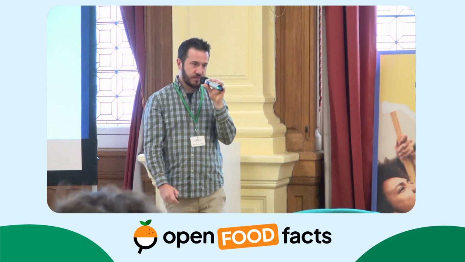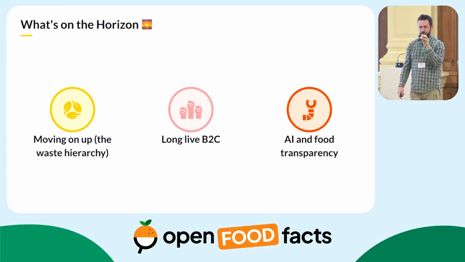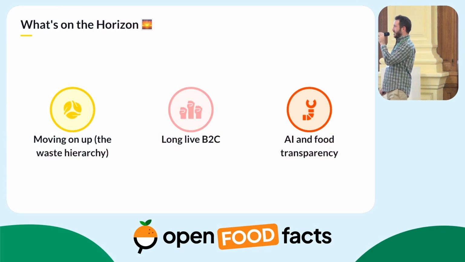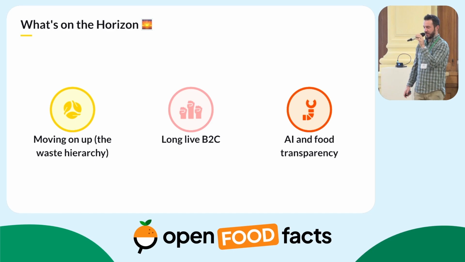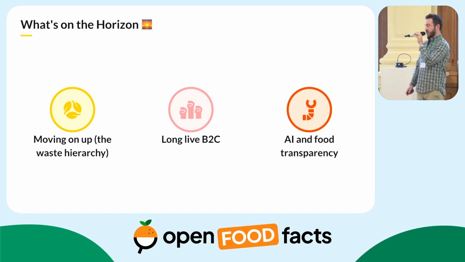We've been considering a B2B business model for Horizon, but it's not really exciting for me and my co-founder. So we've decided to focus on B2C and keep building direct-to-consumer features. We've taken on other projects to free us up financially, so we can work on these direct-to-consumer features, and artificial intelligence and food transparency.